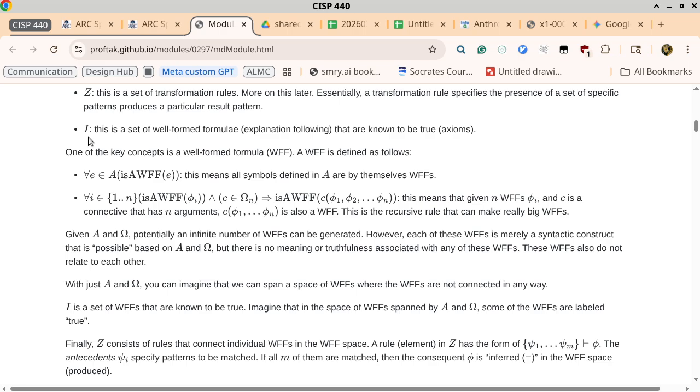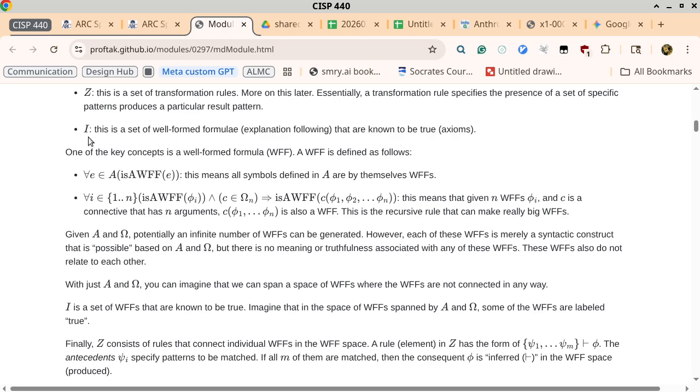We good? Okay. So this particular rule in classic propositional logic is saying that phi and phi implies psi infers psi. That is the rule. It is a transformation rule. It is an element of zeta.